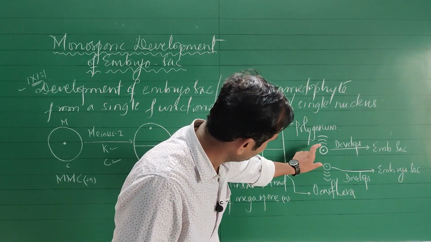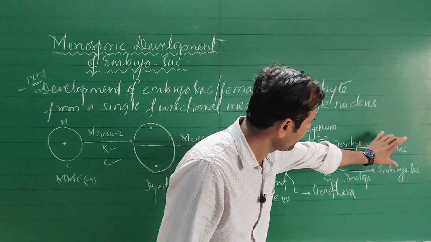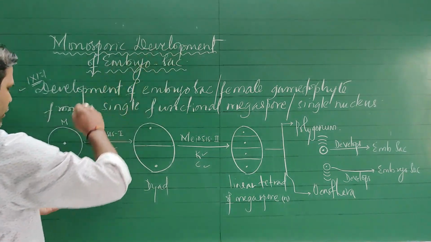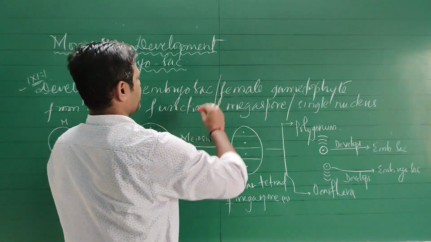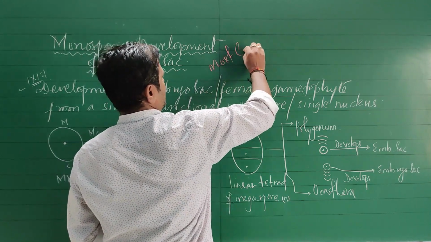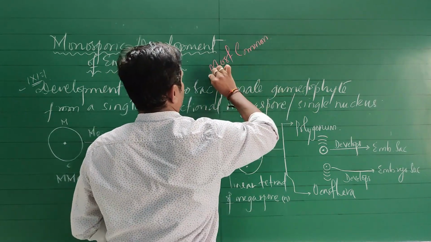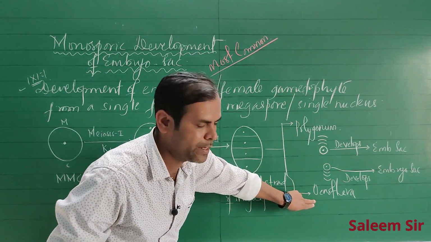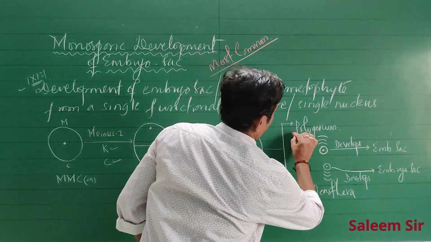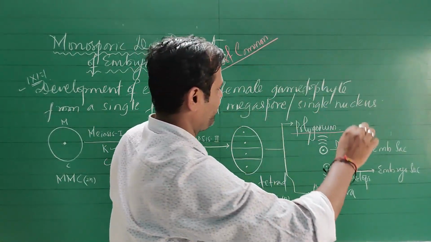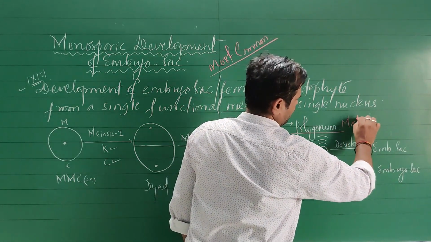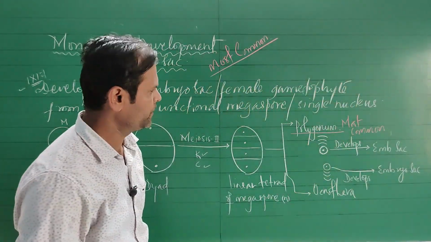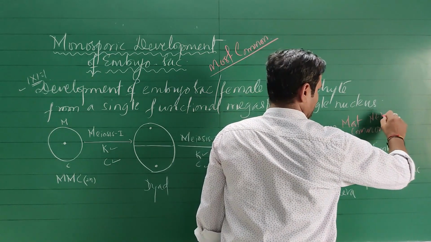In both cases, the functional megaspore forms embryo sac. Now, monosporic development of embryo sac is the most common one, and in monosporic there are two types: one is in case of Polygonum, another is in case of Oenothera, and the Polygonum type of embryo sac development is most common. This is a NEET level question. You can expect this in NEET.